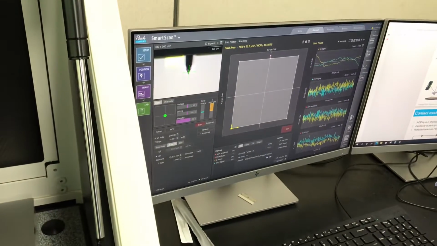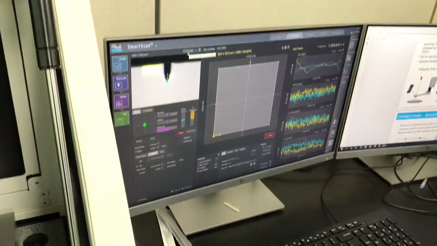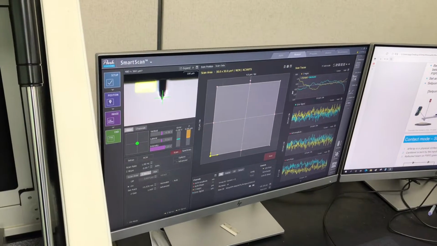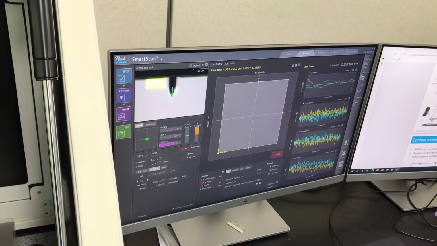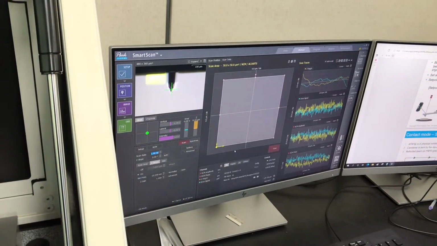Okay, we did the approach mode, and then we can check the jet rate like this. We can change the scan rate like this.